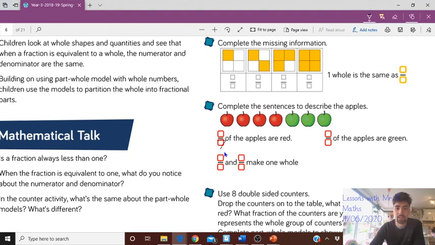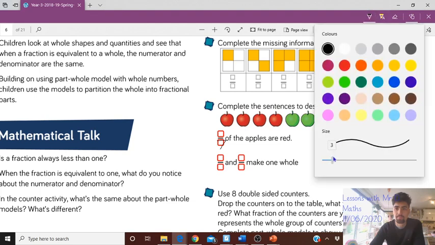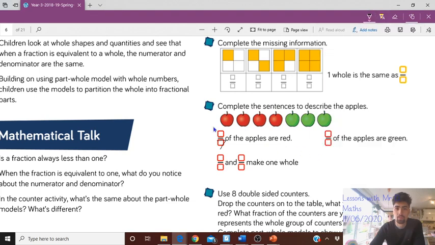There are 7 equal parts, and how many parts are red? 4 of my 7 parts are red. How many are green? 3. And then if I've got 4 sevenths, add 3 sevenths, I'm going to get my whole back together again.